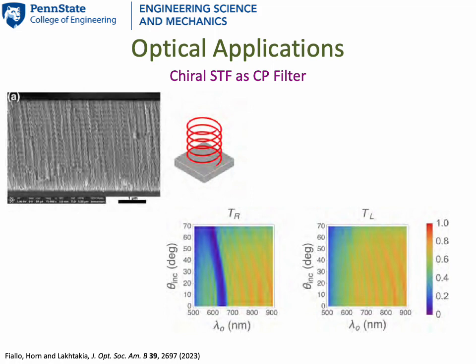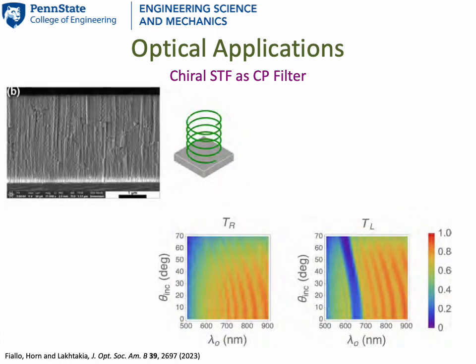The right-handed chiral sculpture thin film does not reflect left circularly polarized light in that regime, and so the spectrogram on the right does not have that blue band. Therefore, a chiral sculpture thin film, which is structurally right-handed, functions as a band-stop filter for right circularly polarized light.